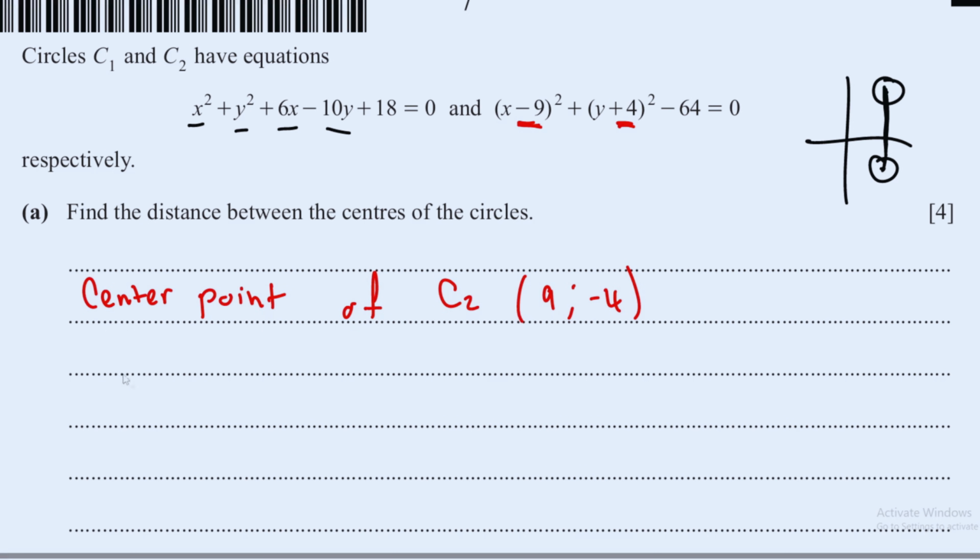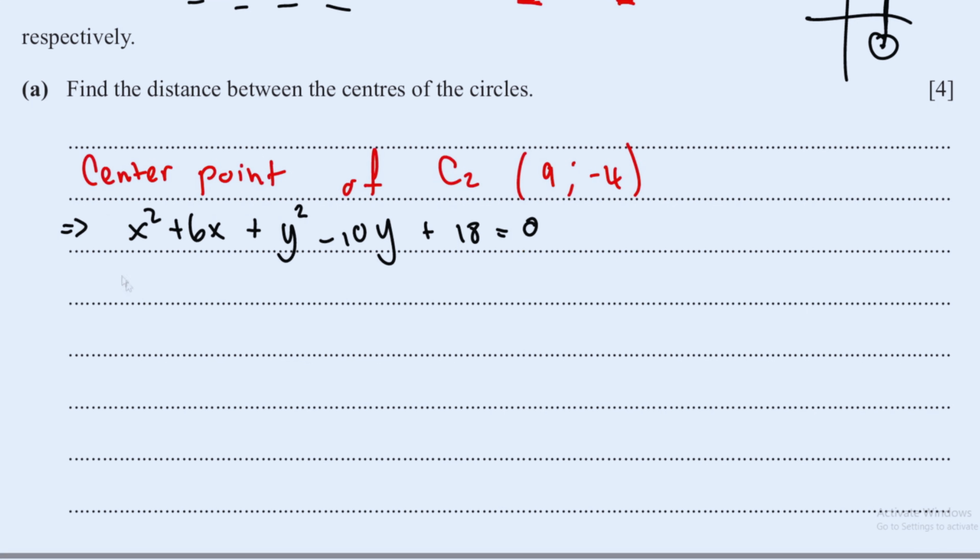So what we can actually do is double complete the square. Let me write down the equation. I'm going to rearrange this at the same time: x squared plus 6x plus y squared minus 10y plus 18 equals 0.